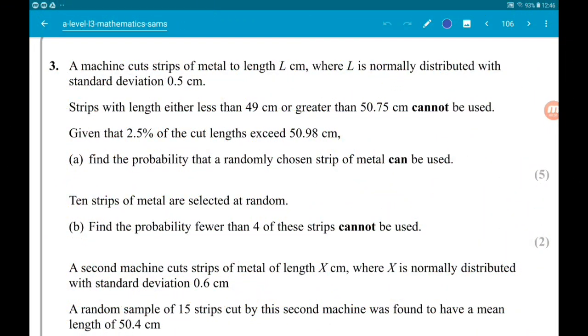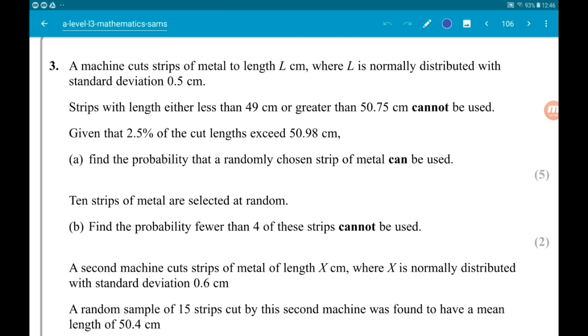Okay, number 3. A machine cuts strips of metal to length L centimeters, where L is normally distributed with a standard deviation of 0.5 centimeters. Strips with a length either less than 49 or greater than 50.75 centimeters cannot be used.